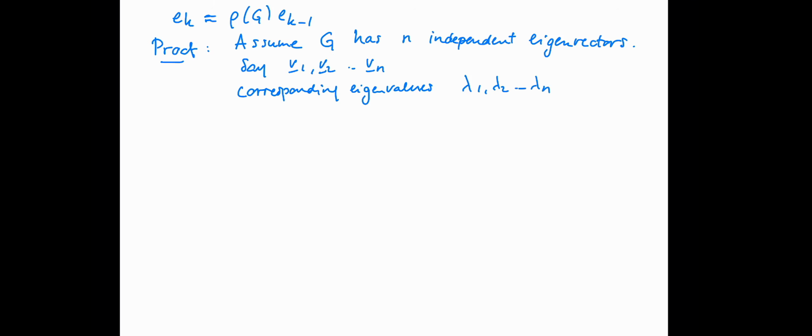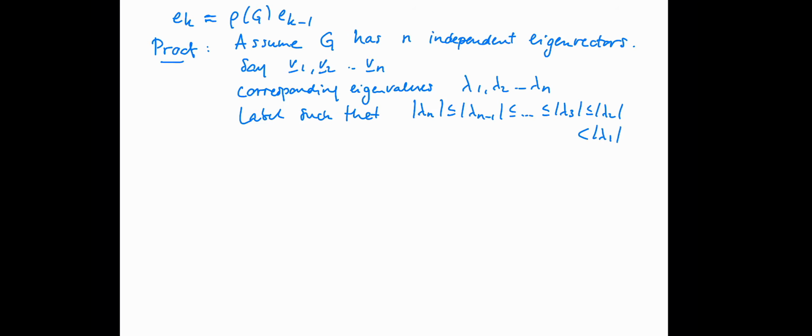And of course I can label these myself. I'm going to label them in such a way that lambda 1 is the biggest one. So lambda n is going to be the smallest, less or equal to lambda n minus 1, and then I can go all the way up to lambda 3, which is less or equal to lambda 2, which is strictly smaller than lambda 1.